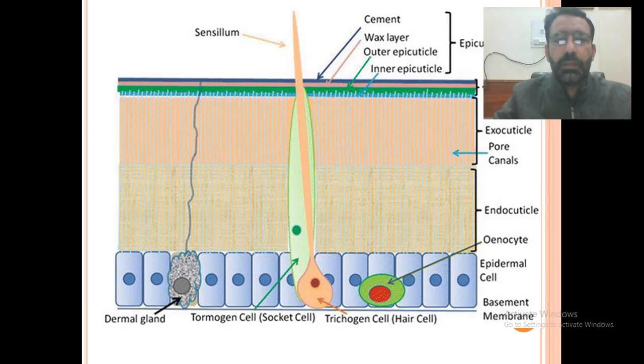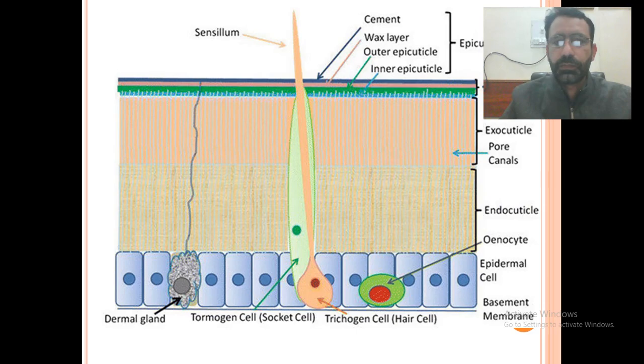Then the most important layer is the epidermal layer. It contains different glands and different cells, and from these cells the insect undergoes the molting process.